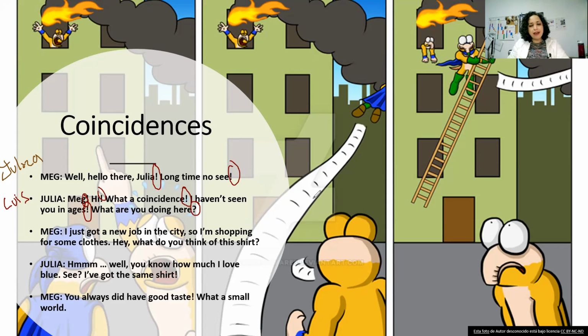And then, Meg, hi. What a coincidence. I haven't seen you in ages. What are you doing here? Okay, put some more in, because there are a lot of exclamation signs there that you need to use. Okay, so we're going to go back and repeat it from the beginning, Julissa and Luis. Okay, put a little more effort into it. Thank you. And then we can start now.